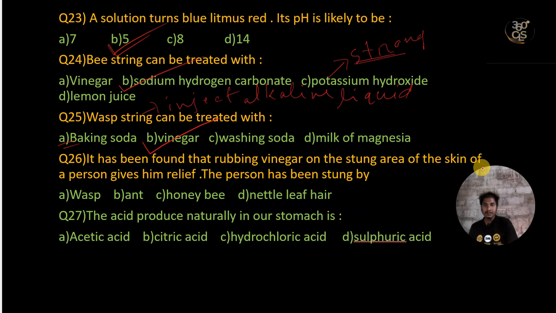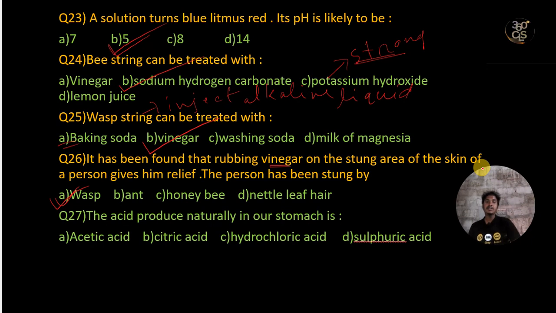The person has been stung by a wasp, which injects an alkaline liquid into our body. So it can be neutralized by acid, that is vinegar. Honeybee injects acid, nettle leaf also acid. So the correct answer is wasp.